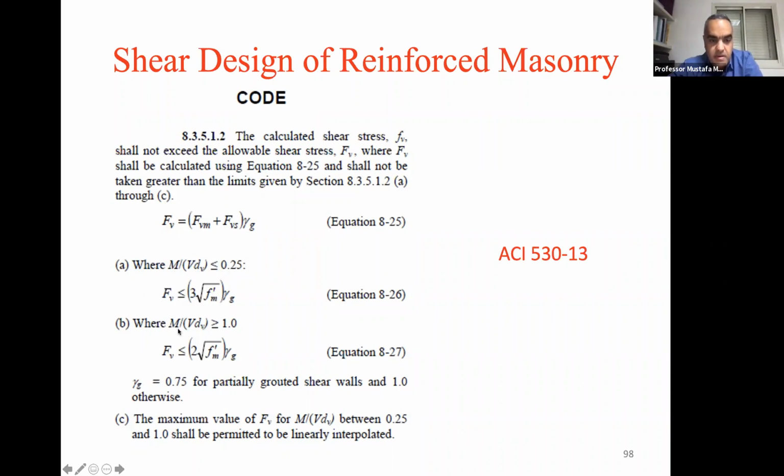And if M over V d v is greater than or equal to 1, then the V in equation 8-25 cannot exceed 2 times square root F prime m times gamma sub G. The reason for this is to prevent any crushing failure in compression due to shear in the wall. So that's why we have these limits. Anything in between, we can do interpolation.